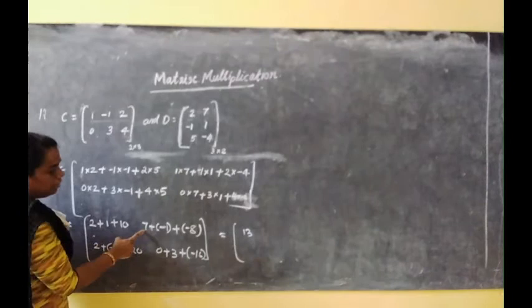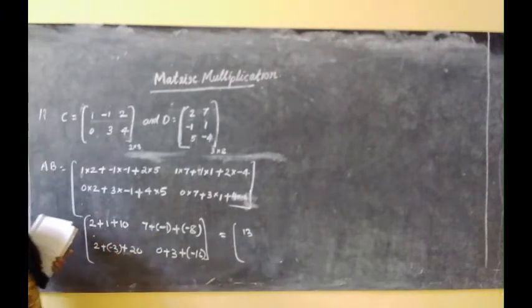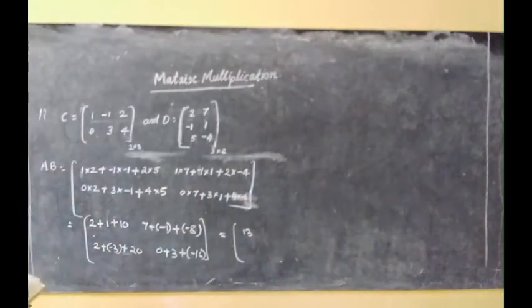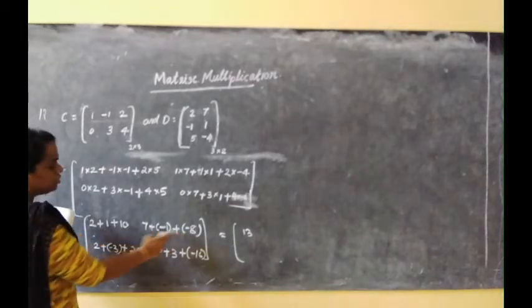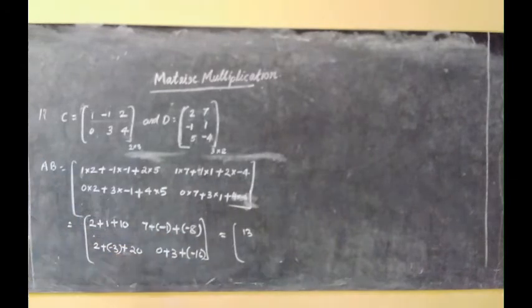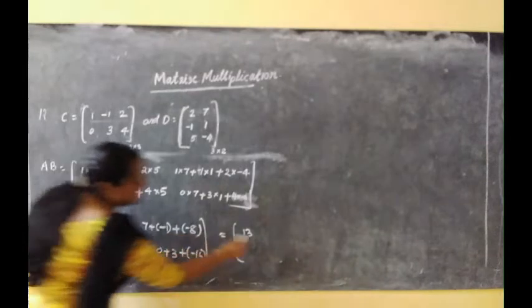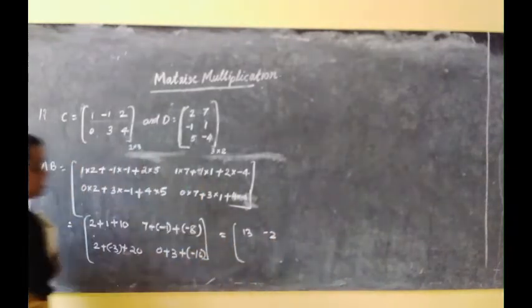And here, what do we get? 7 minus 1 minus 8. Minus 1 minus 8, when we add we get minus 9. Minus 9 plus 7, we get minus 2.